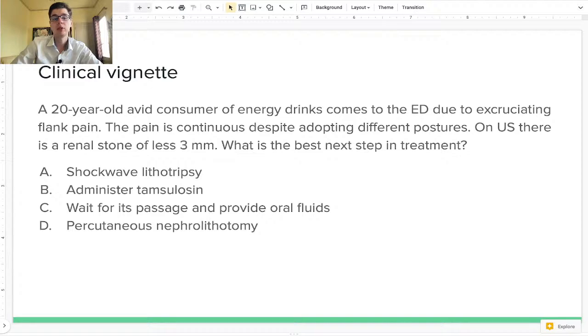On the ultrasound, there is a renal stone of less than 3 millimeters. What is the best next step in the treatment? A. Shockwave lithotripsy. B. Administer tamsulosin. C. Wait for its passage and provide oral fluids. Or D. Percutaneous nephrolithotomy.